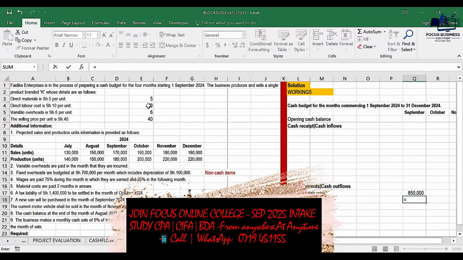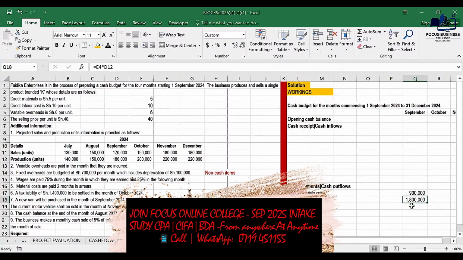I will take the direct labor cost here, and multiply that with the unit to be produced, which is 180. And I hope up here I've used, let me see what I've worked with. Yes, I think this one is wrong. I need to correct this, because you can see I've used the unit to be sold. I should not use the unit to be sold. I should use the unit to be produced here.